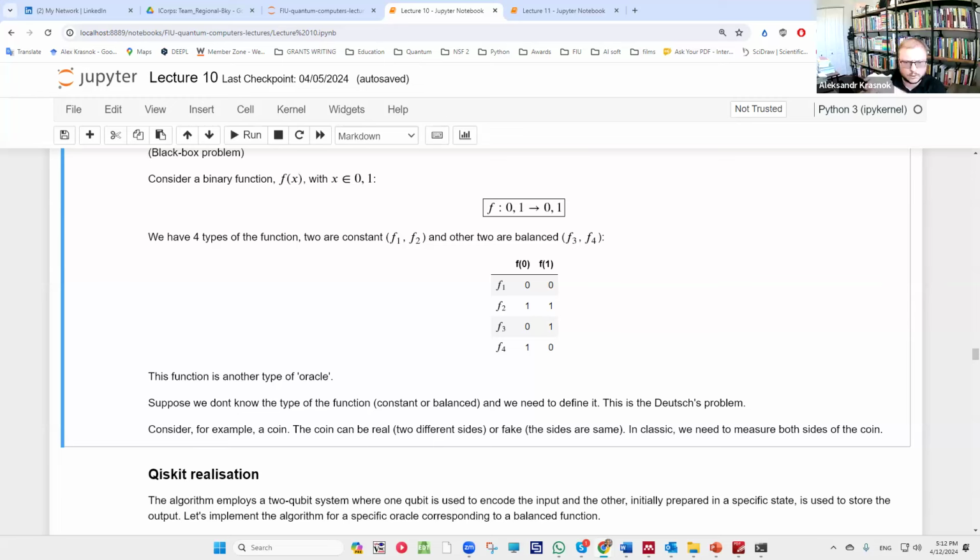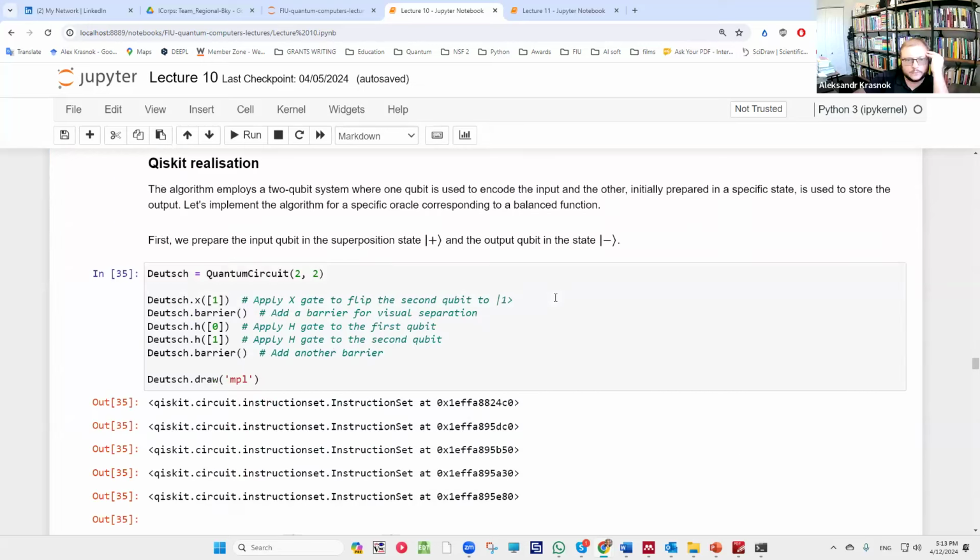Suppose we have the operator in our quantum circuit that represents the function, and the function can be either constant or balanced, but we don't know which. Classically, we need to call this function several times in order to figure out its type. In quantum, we can do this in just one run, calling the function just once.